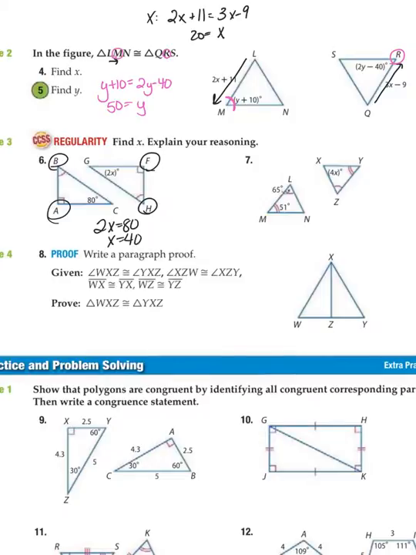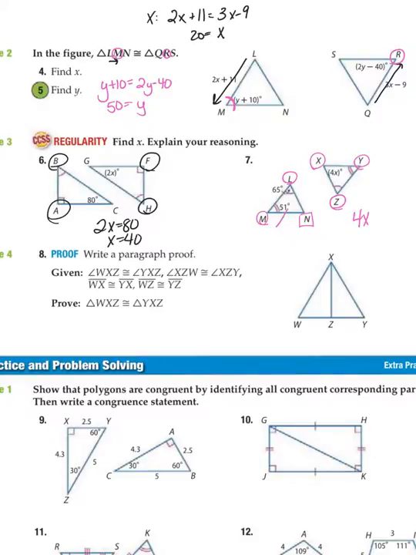Number 7, I see that my L matches the Z. I see that M matches the Y. So my X, which is an angle of 4X, matches N. I don't have any information for N, but I can sure find it.